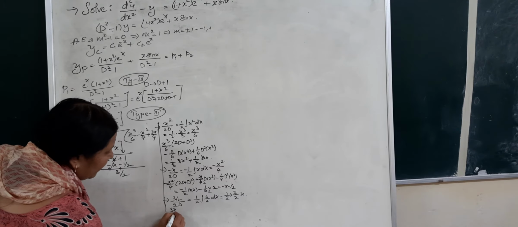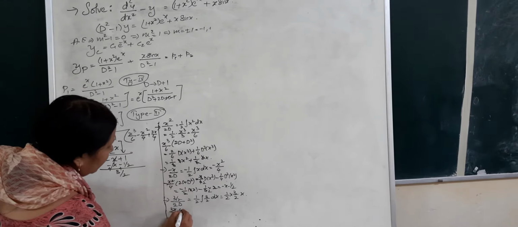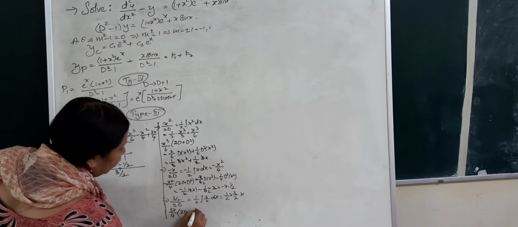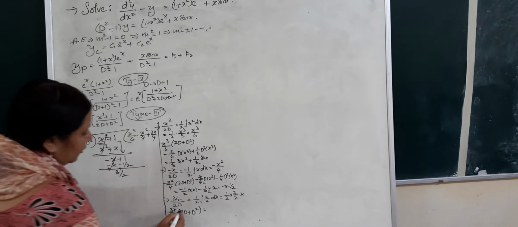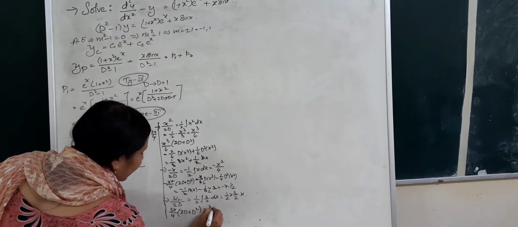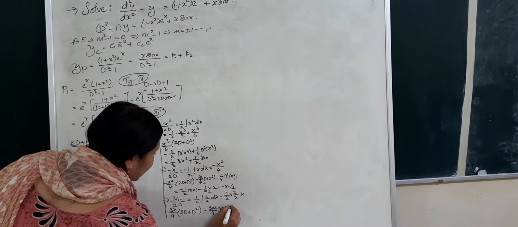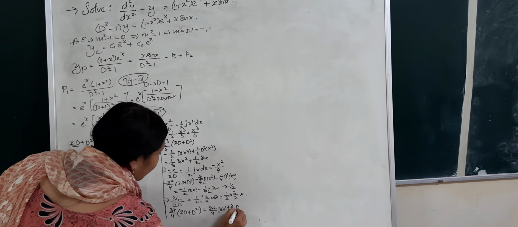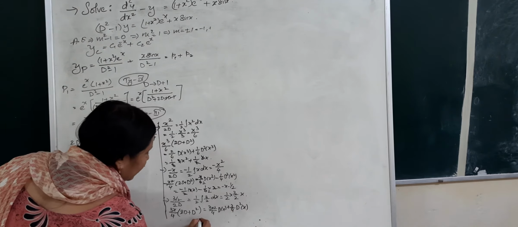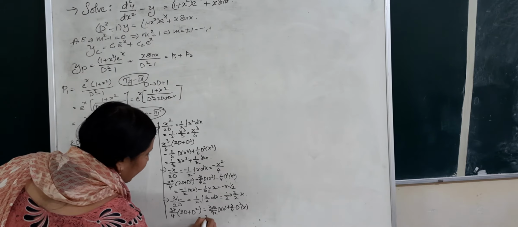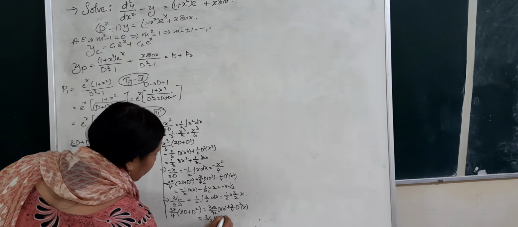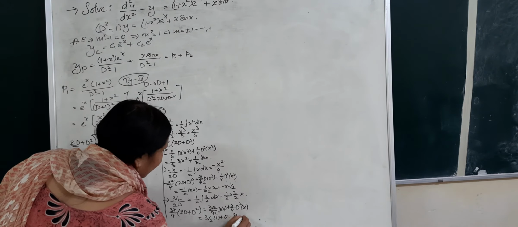So 3x by 4 times my denominator. What is the denominator here? 2D plus D square, which is equal to 3 into 2 by 4 times derivative of x plus 3 by 4 times second derivative of x, which is going to be 0. This will be 3 by 2 times 1 plus 0, that is 3 by 2.